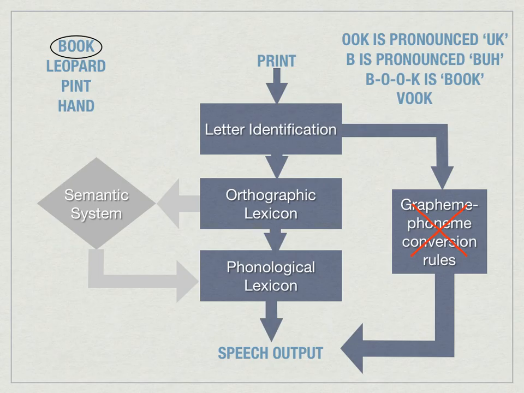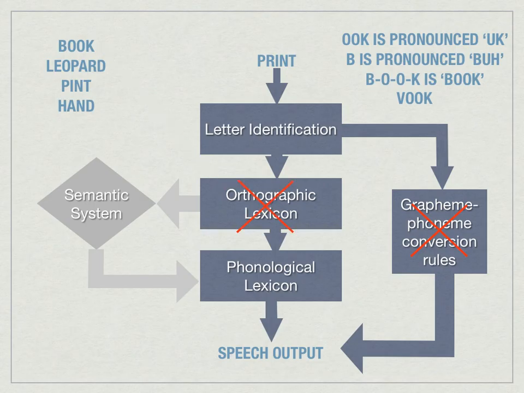Well, book will still exist inside the orthographic lexicon, so I can read that. So book will be read, if I damage grapheme to phoneme conversion rules, book should be read perfectly intactly without any problem, but vuk should not be read. And in fact, the patient should say, I just don't know how to read that one, but vuk, that is, and read book quite easily.